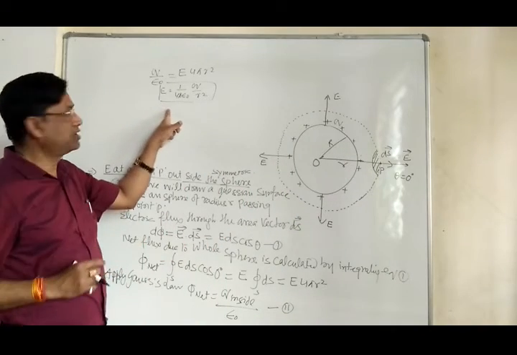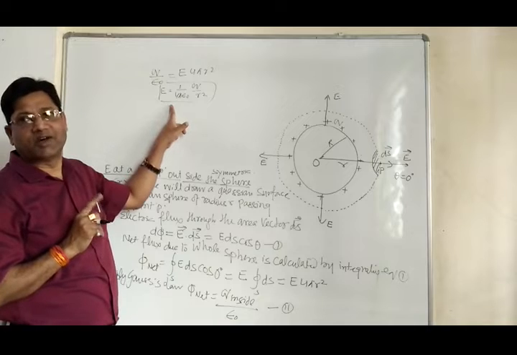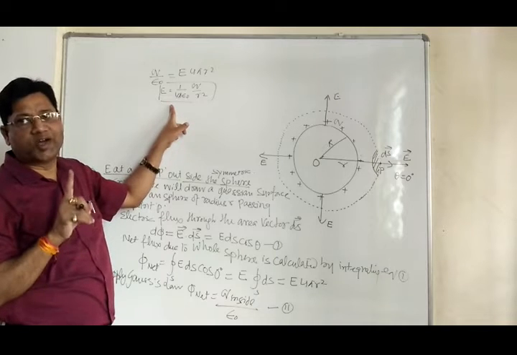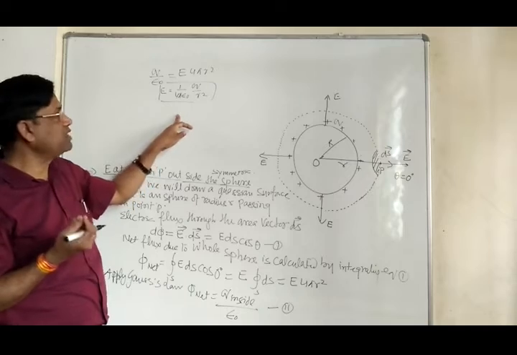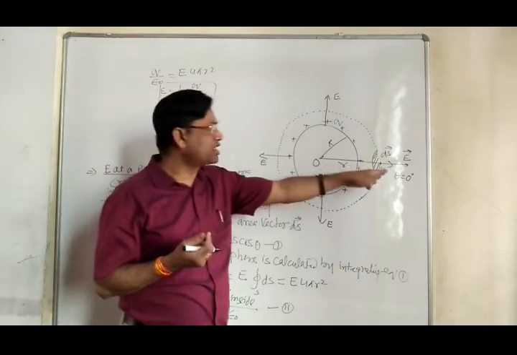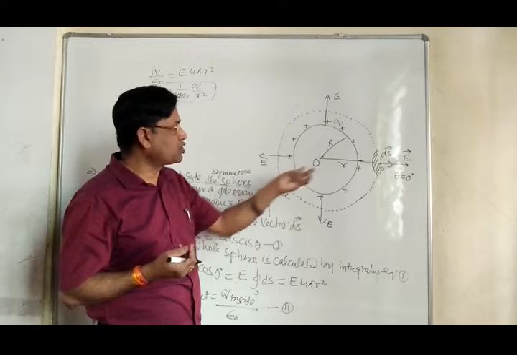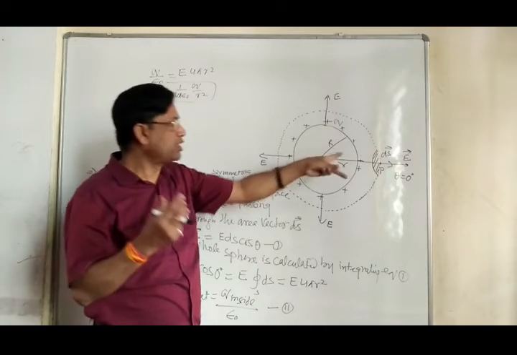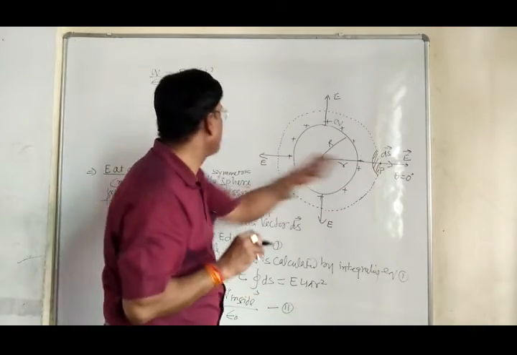You might be familiar with this formula. This formula is the intensity of the electric field due to a point charge. It means when we see from outside the sphere, it appears the entire charge is concentrated at a point. The whole sphere will appear like a point charge from outside.